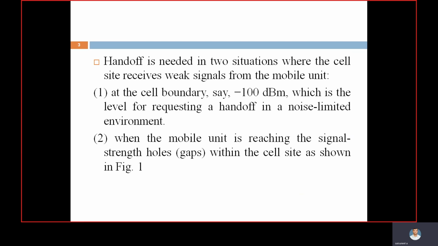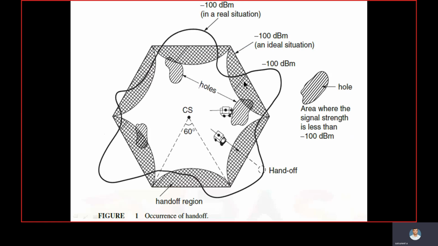Whenever the mobile unit moves towards the boundary of the cell site, if the signal strength is less than minus 100 dBm, it is very weak. Up to minus 100 dBm there is no problem. At that time handoff can be raised: the mobile unit sends a signal to the nearest base station and to the MTSO. Next, the MTSO allocates a new channel to the mobile unit from the adjacent cell.